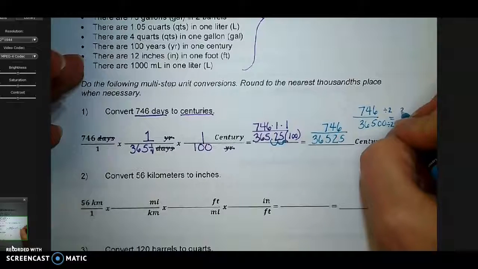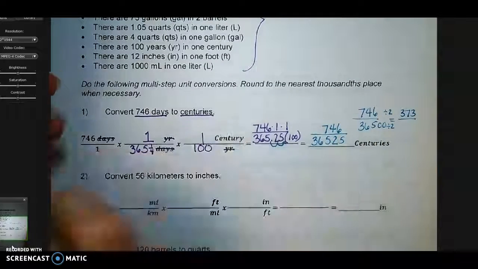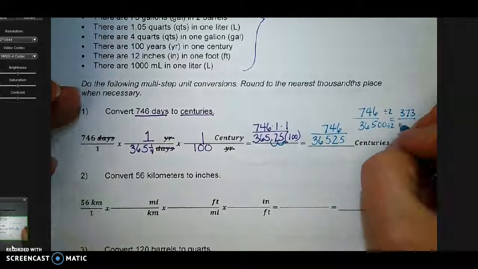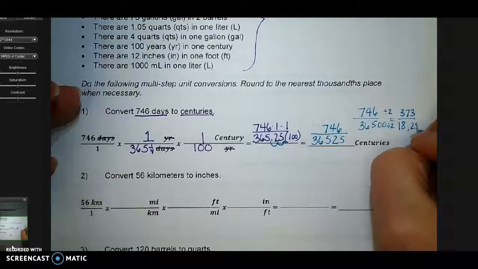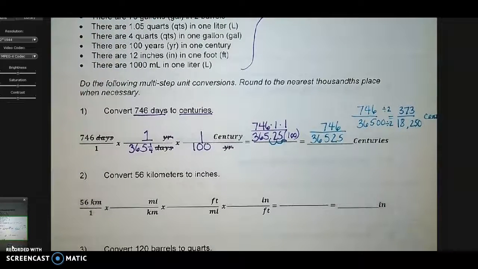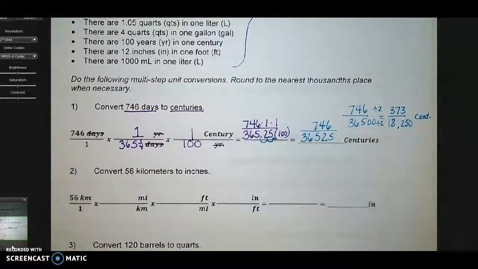So if I were to reduce that, I would get 373 over 18,250 centuries. So it's definitely not 1 whole century, because a century is 100 years, and this is only 2 years. So it's just a little tiny bit of a century. You could even think of it as like 2/100ths of a century would be a good estimate.